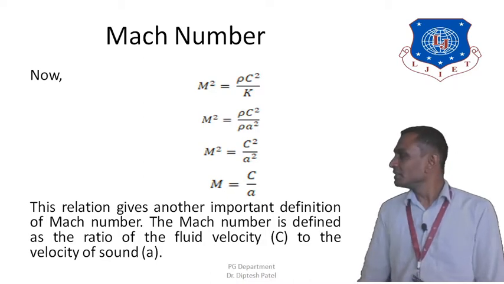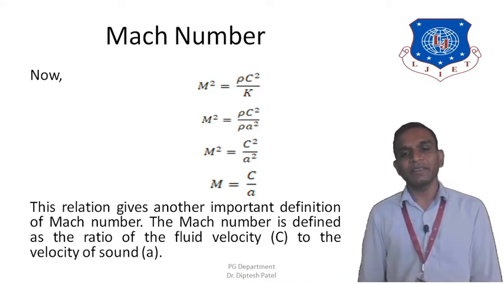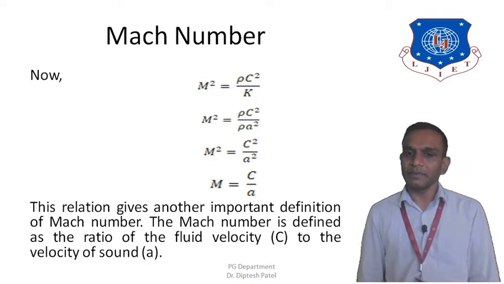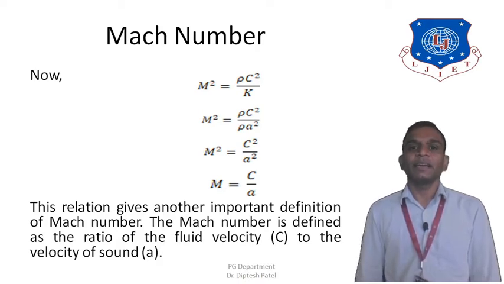So the equation reduces to M squared is equal to C squared divided by A squared, and therefore I can write M is equal to C upon A, which means Mach number is equal to C, the velocity of fluid, divided by A, the velocity of sound.